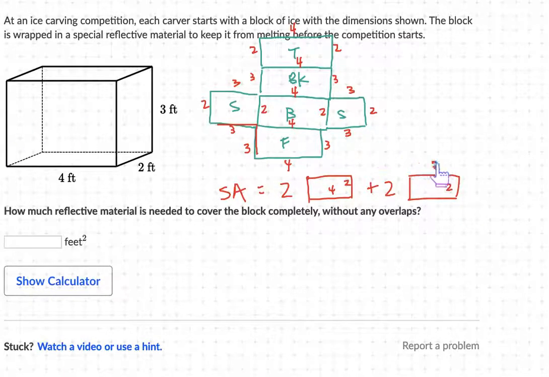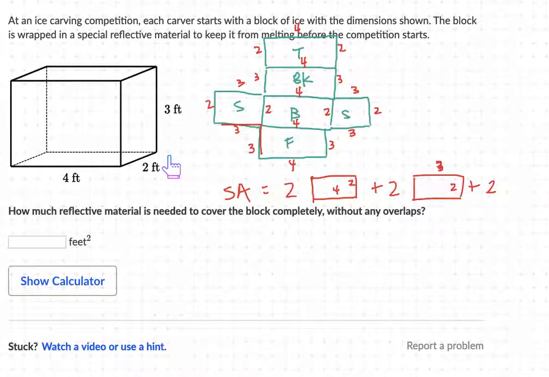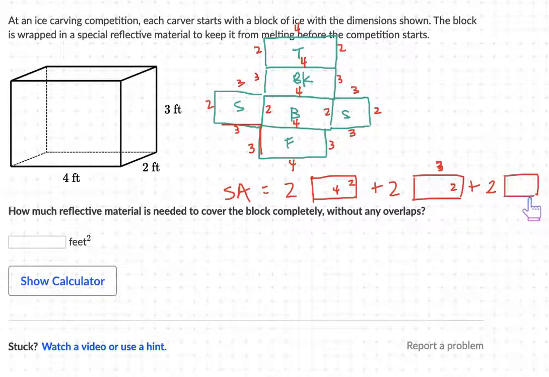And then we had the bottom and the top, we had the sides, so now we just need the front and the back. There are also 2 that are matching. We're missing the 4 by 3.